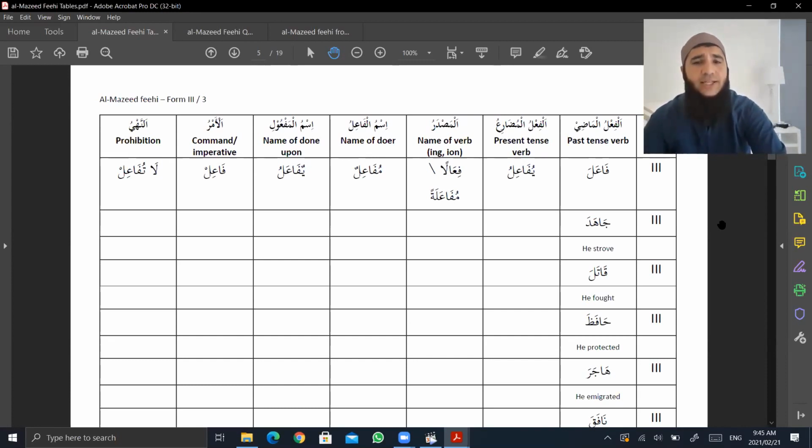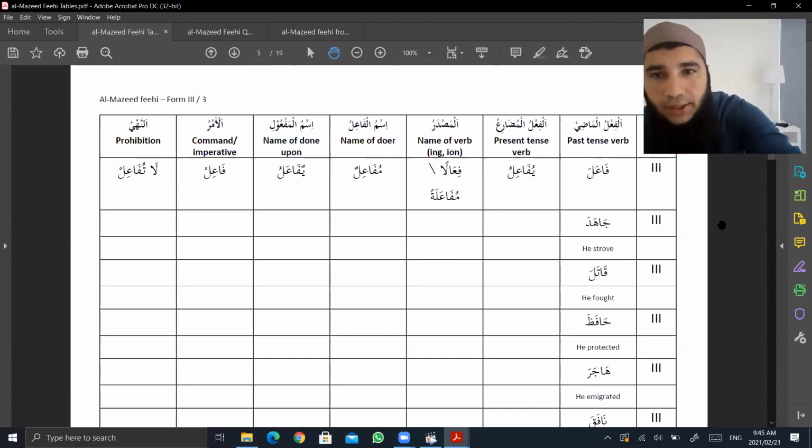And then the ismul fa'il is mufa'ilun. There's a mistake on this scale here. It should be mufa'alun.